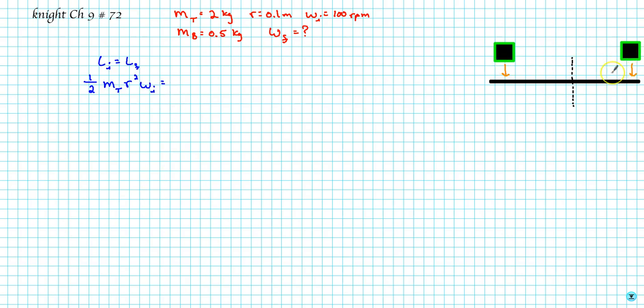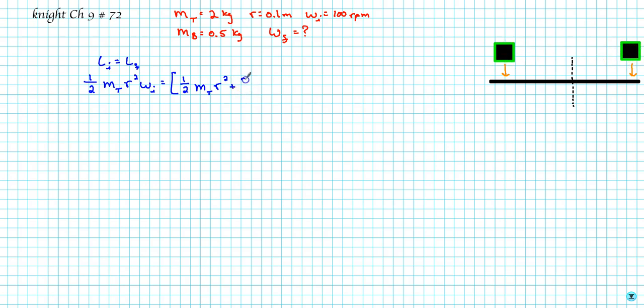After the blocks are dropped on there, the initial moment of inertia becomes the sum of the moments of inertia for the three objects. So we have a moment of inertia for the turntable of 1/2 m_t r squared, and then each block has its own mr squared term because we can treat them as point masses.